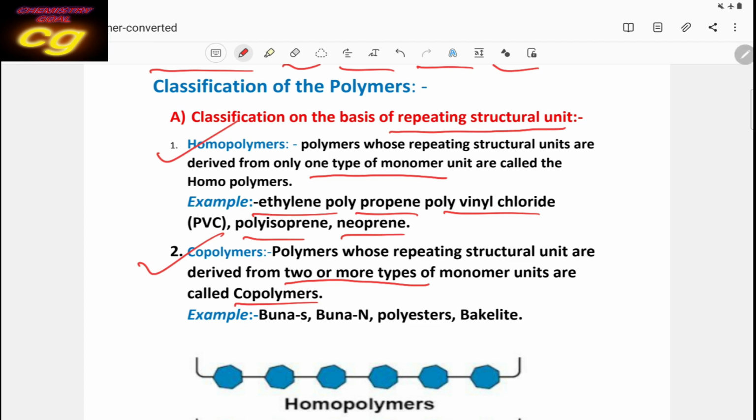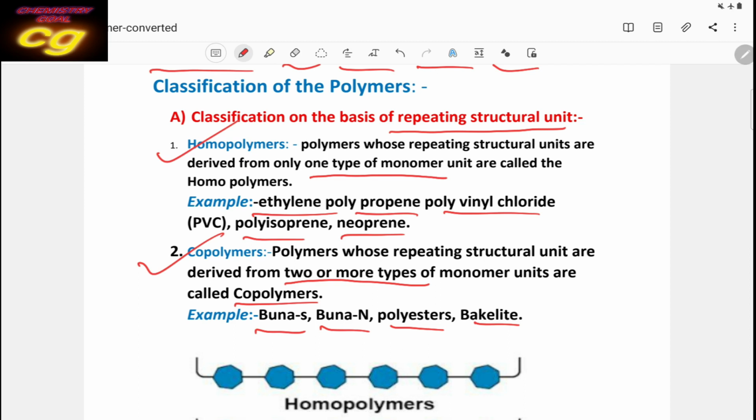These are Buna-S, Buna-N, polyester, bakelite. These are copolymers produced from different units. We will discuss different structures and their preparation in the next video. So remember, Buna-S, Buna-N, polyester, bakelite, these are copolymers.